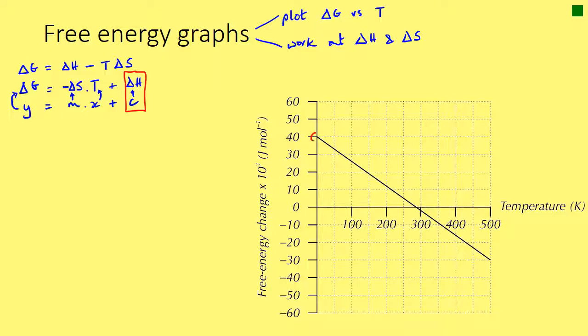Here's our y-intercept, so we can say that delta H equals 40 times 10 to the 3 joules per mole. In order to work out our entropy change, our delta S, we're going to need to work out the gradient.